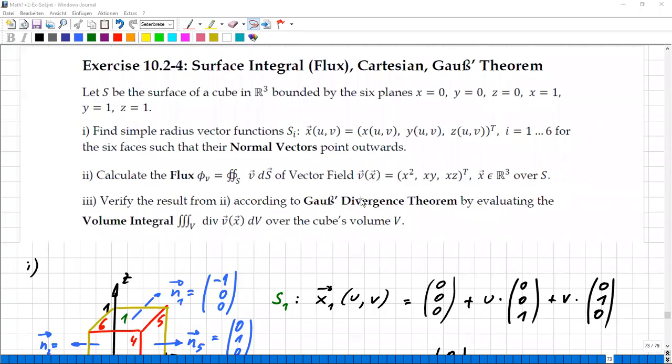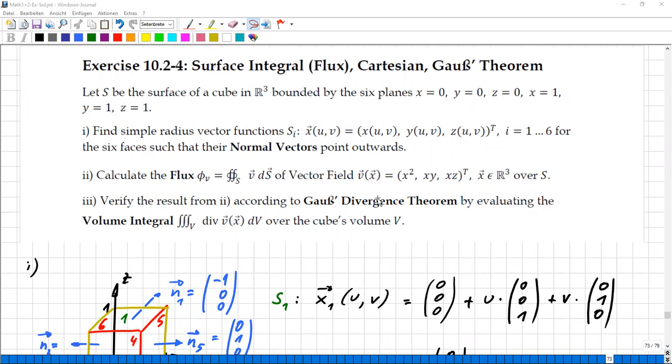Welcome. So let's continue this lengthy exercise about vector field flux and also the important Gaussian divergence theorem, which comes into play at the end.